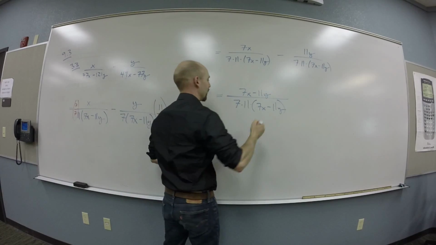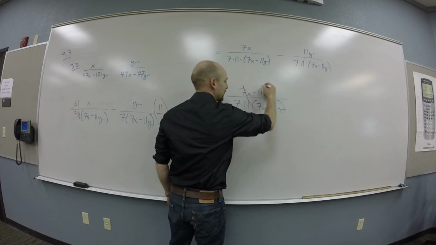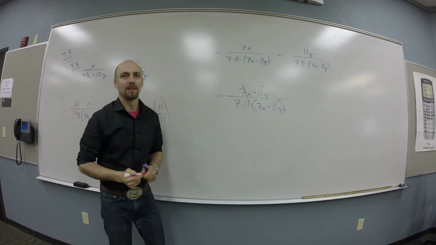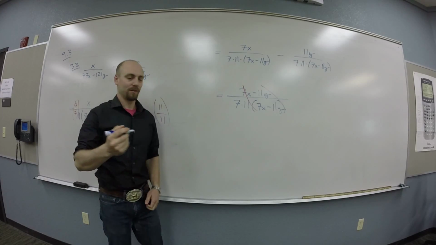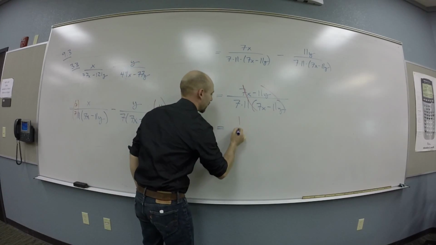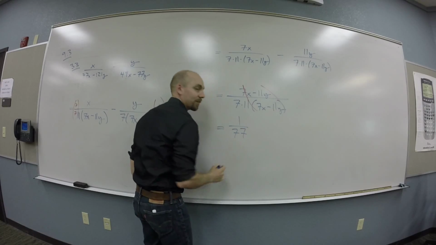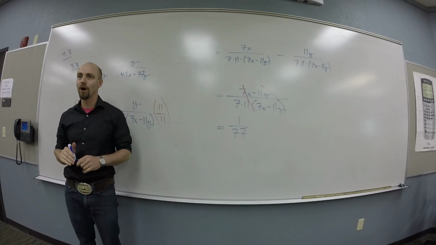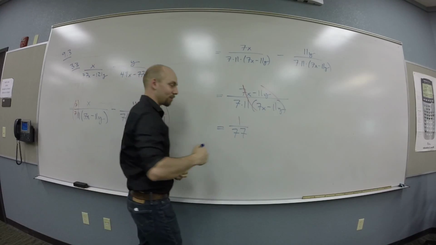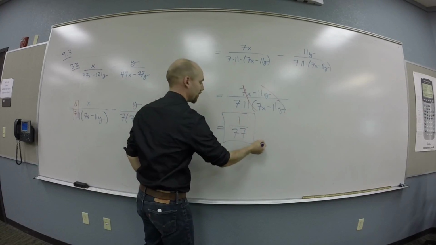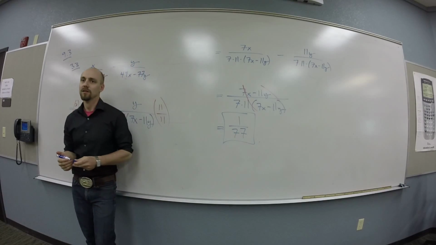That was super cool. So this stuff is a onesie. And what am I left with? Okay, good. Make sure you're getting the 1 over 77 and not letting your 77 float. It was on the bottom to start with, it should be on the bottom to end with, unless we did something to move it.